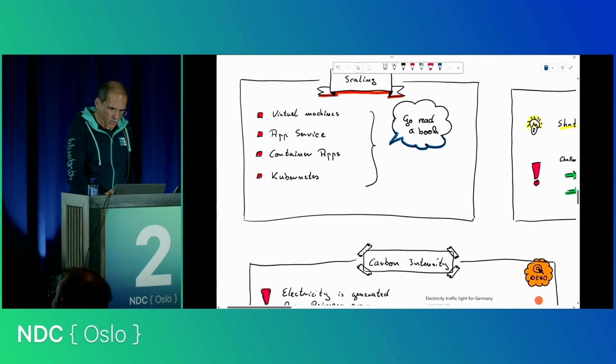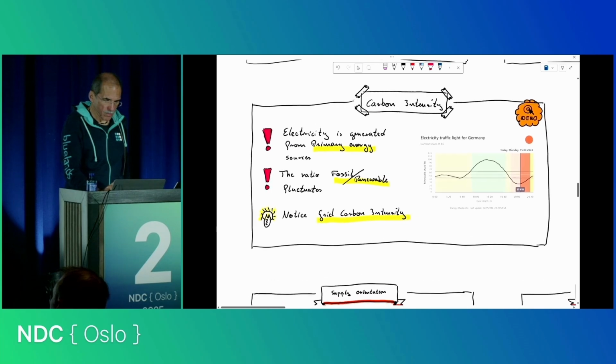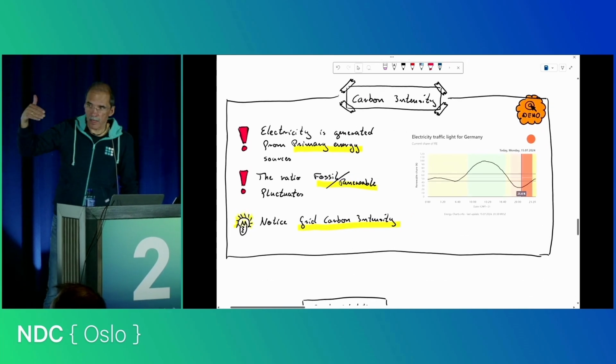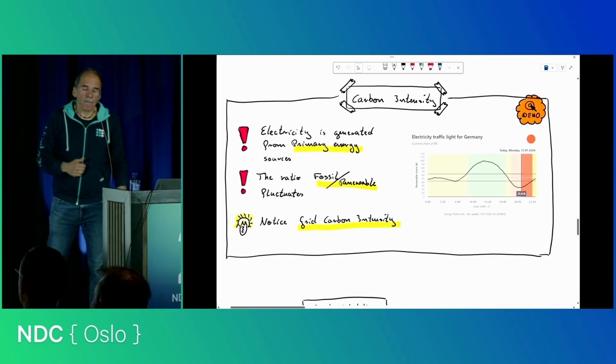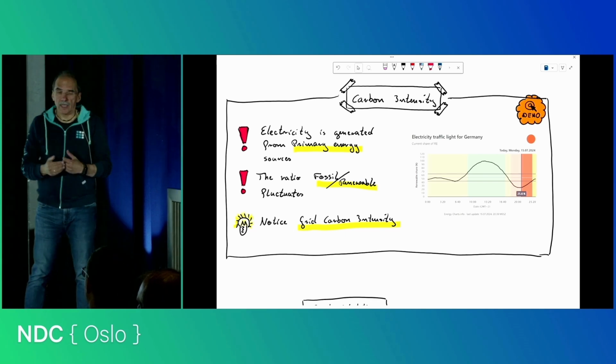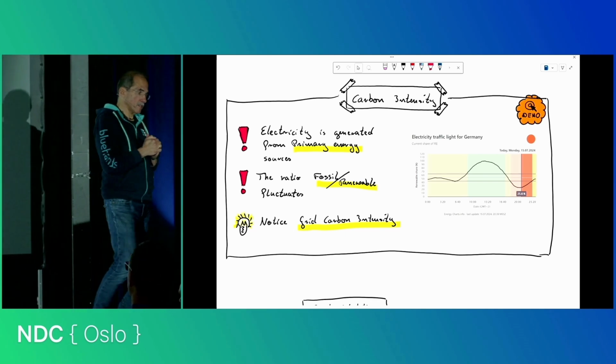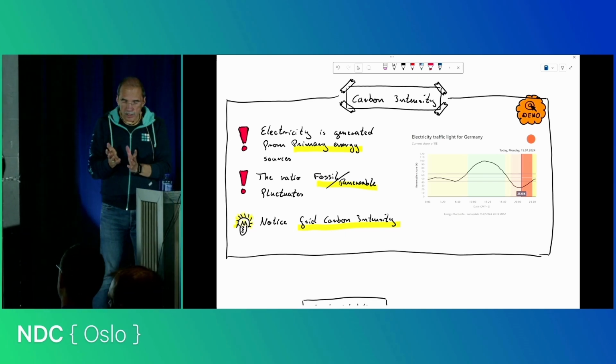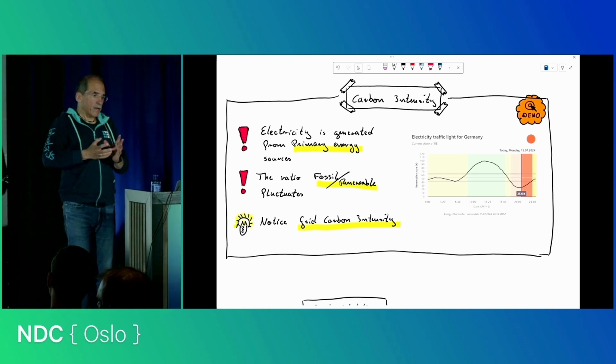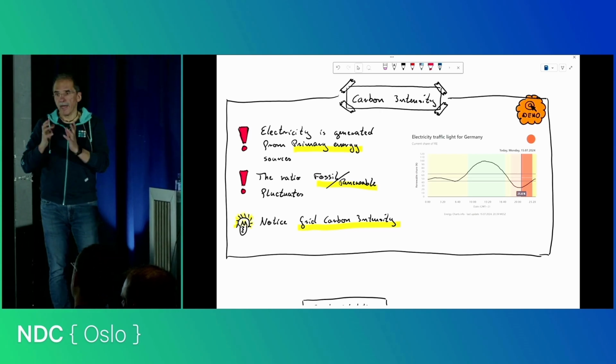Now let us change some kind of thinking, and this is the carbon intensity, the grid carbon intensity. It's the relation between electricity and emissions.